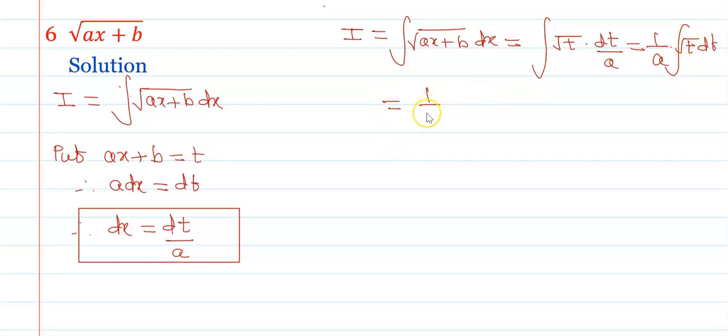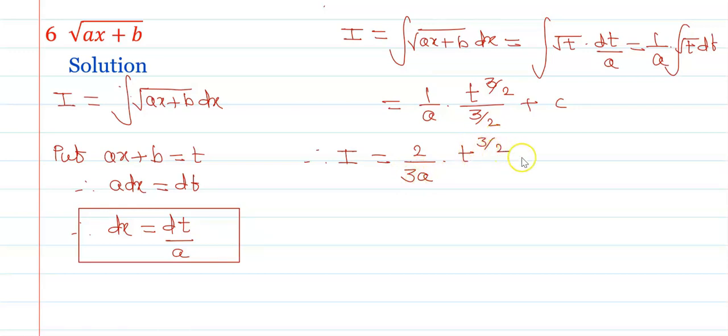Its integral is 1 upon a, integral of root of t is t raised to 3 by 2 upon 3 by 2 plus c. Therefore I is equal to 1 upon a, multiplied by the reciprocal, you will get 2 upon 3a t raised to 3 by 2 plus c.